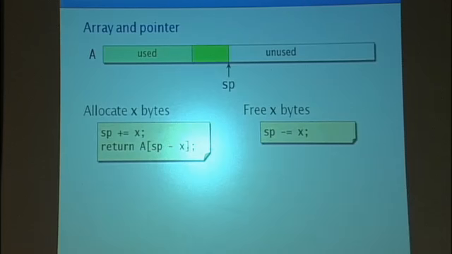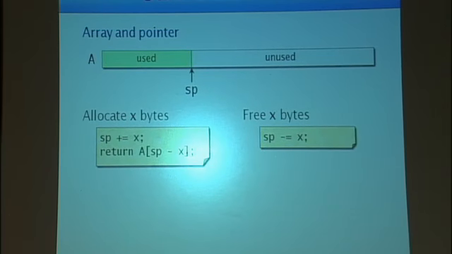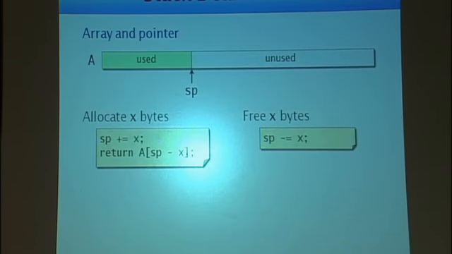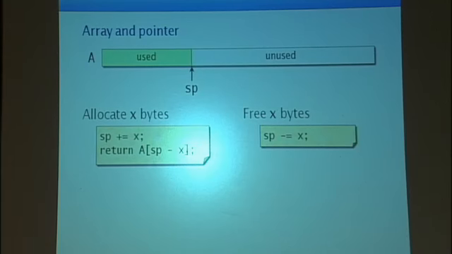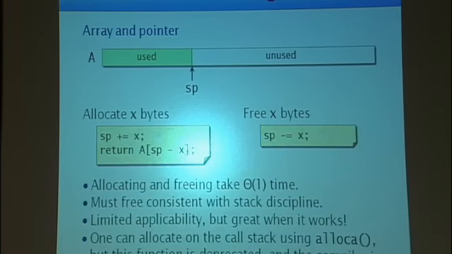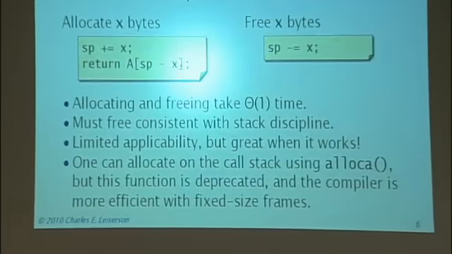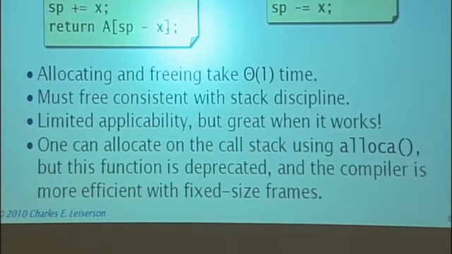So to free X bytes, you basically just simply decrement the stack pointer. And of course, technically, you should also check for underflow. Make sure somebody didn't say to deallocate more bytes than were actually already allocated on the stack. So check for stack underflow. This is pretty good because allocating and freeing take just constant time, very quick.